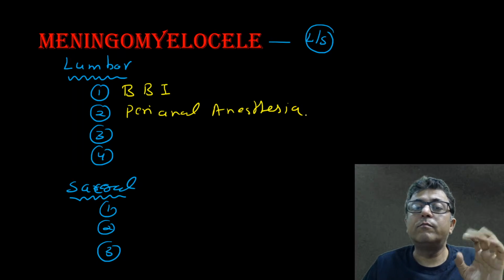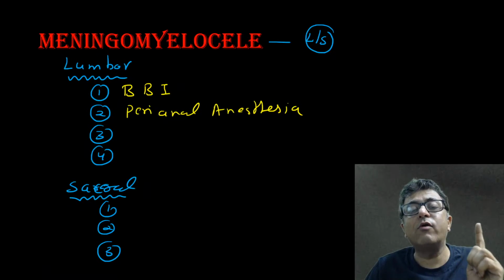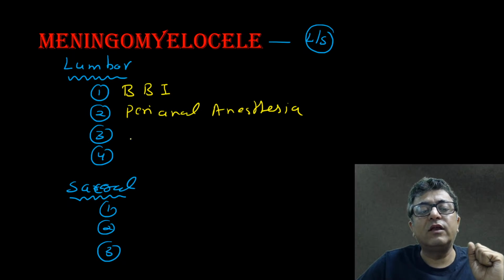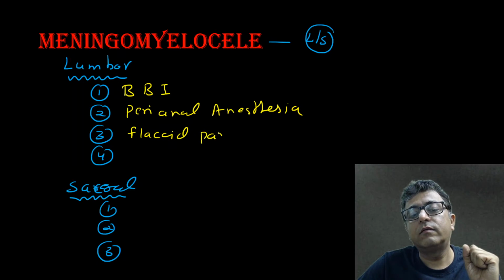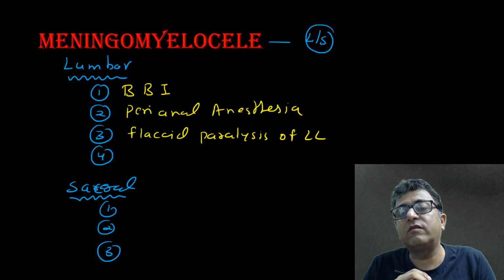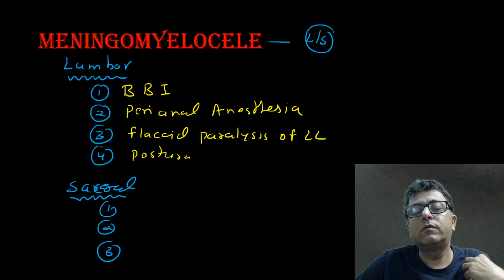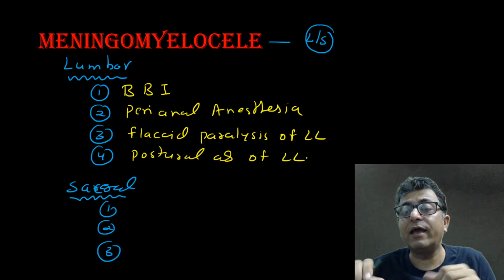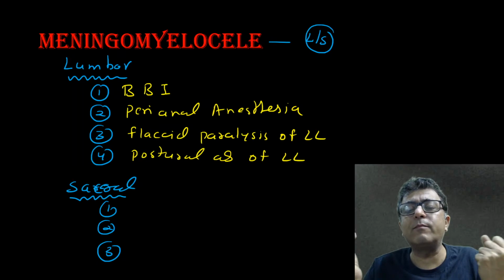Then you find flaccid paralysis of the lower limb and postural abnormality of the lower limb. The child may have club foot, flat foot, high arch foot, so multiple abnormalities of the lower limb.